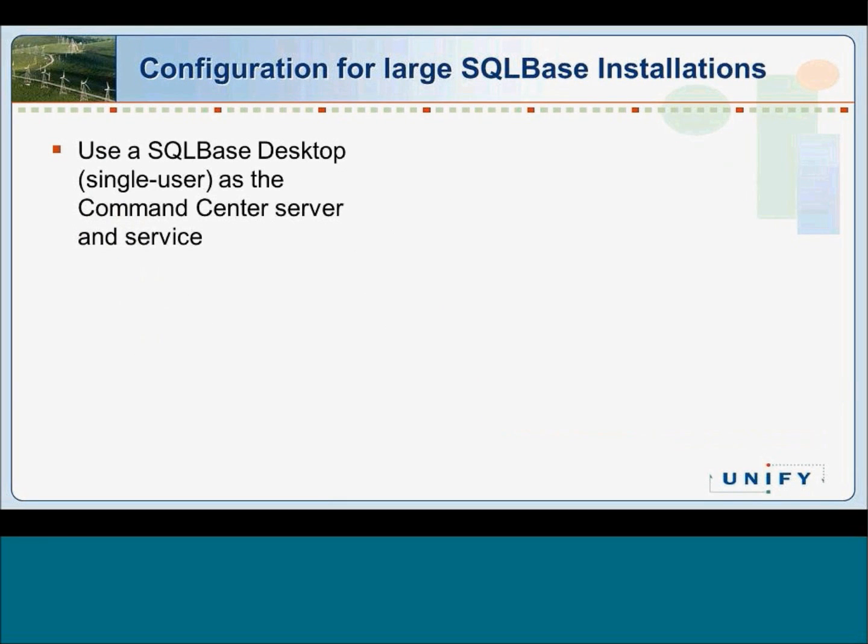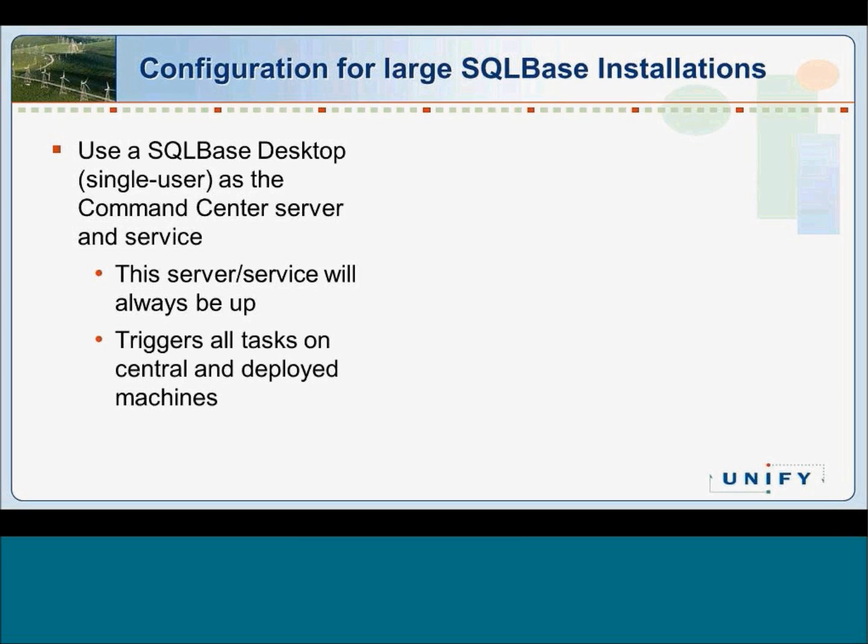One more configuration thing for you. If you have a larger deployment of SQLBase servers in your organization, what you can do is use a SQLBase desktop, a single user database of SQLBase for the Command Center server and service. This server and service will always be up. This can trigger all tasks on central and deployed machines. And basically, this yellow box there is one machine, and this one machine has two things on it: the Command Center service and the Command Center SQLBase.